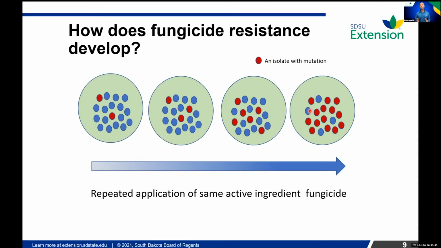And there are many mechanisms that a fungus may have. For example, if the fungicide is interrupting the respiration process where the fungal cell makes energy, the fungus may develop a different mechanism of respiring and making energy, and hence if you apply the fungicide, the fungus can still survive.